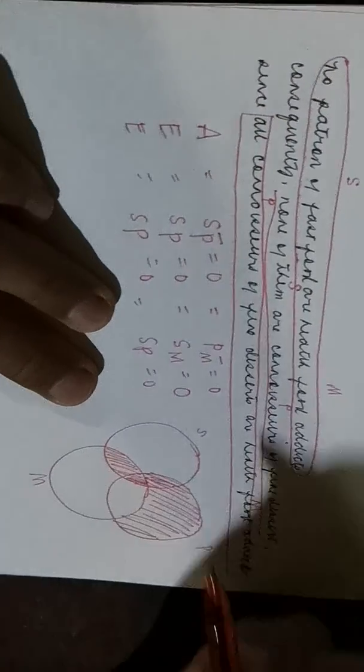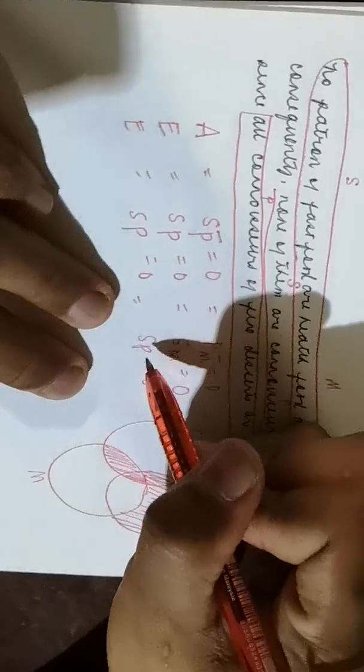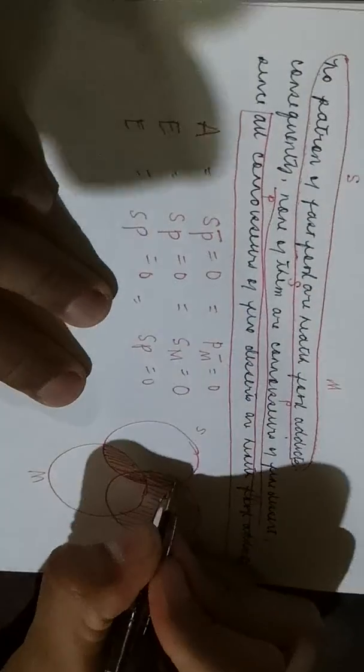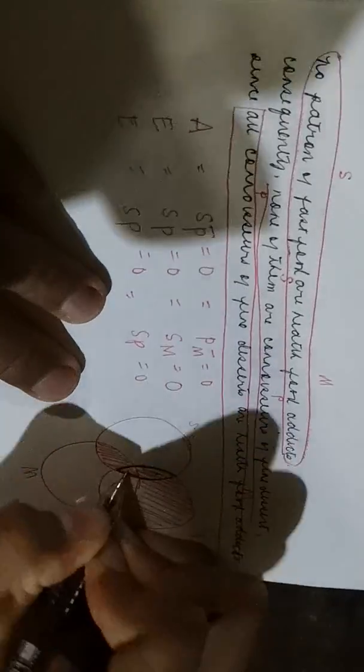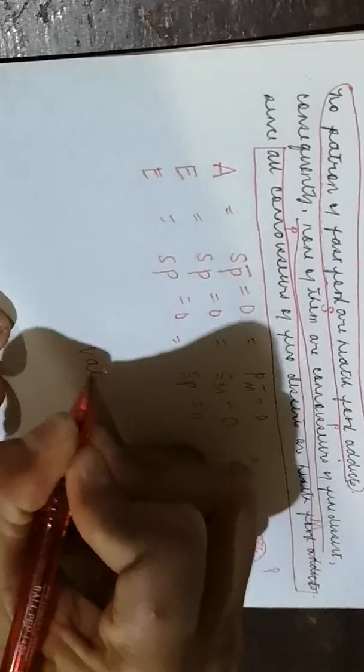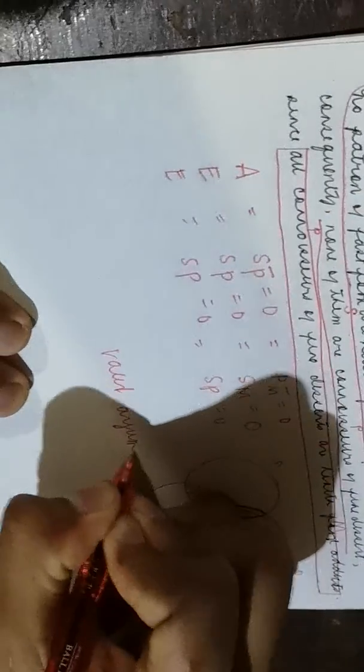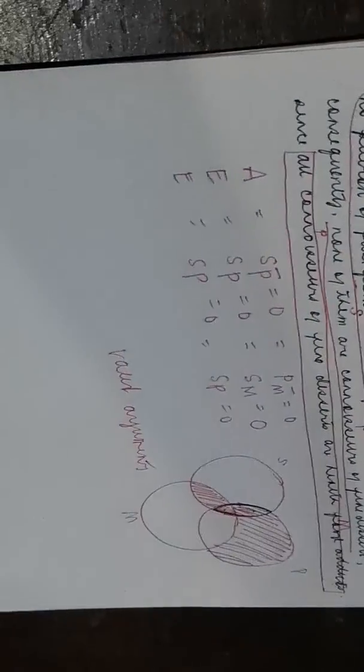Now, our conclusion is the S that is also P must be equal to 0. So, this is that area. S and P shaded. So, technically, this is a valid argument. Okay. So, we rest.